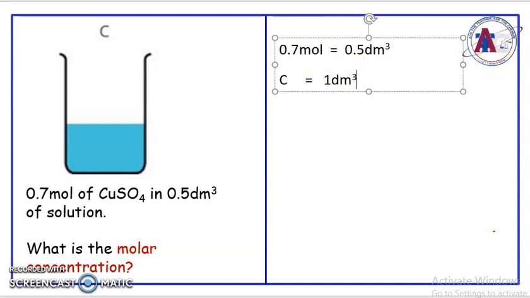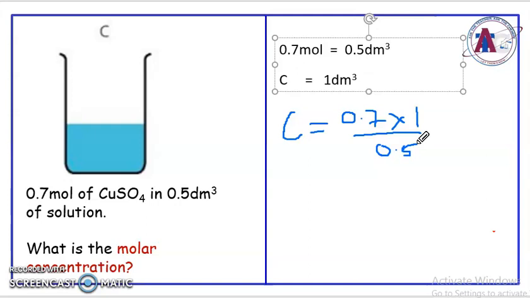If we do that, then our concentration, which is the mole in 1 dm³, I represented as C. So we have C equals 0.7 times 1 divided by 0.5.